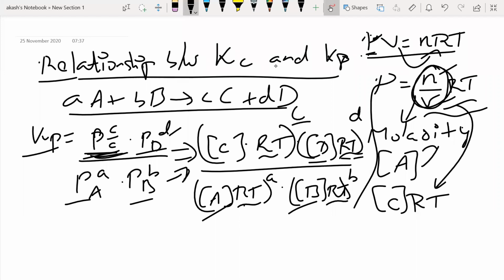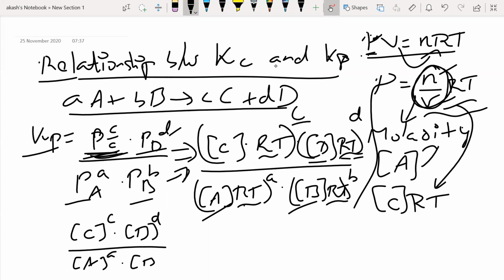I can write it as C power c into D power d, okay, this is D, guys, please, this is not B, this is D, divided by A power a into B power b. I just gave the concentrations one side, and I have all the RTs there. Now please understand, I have RT power c into RT power d.